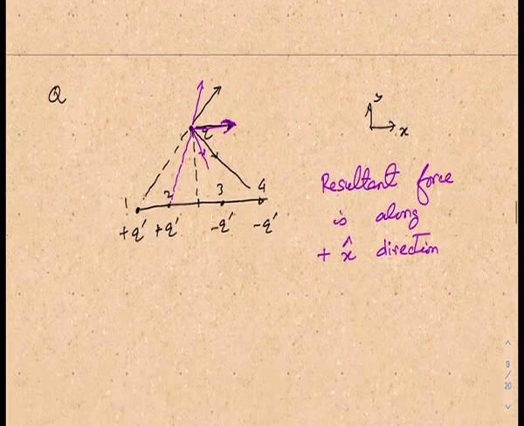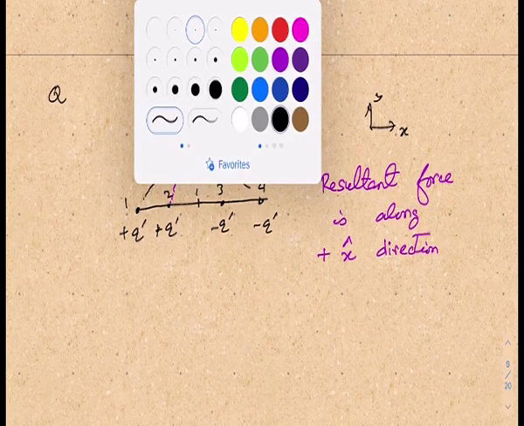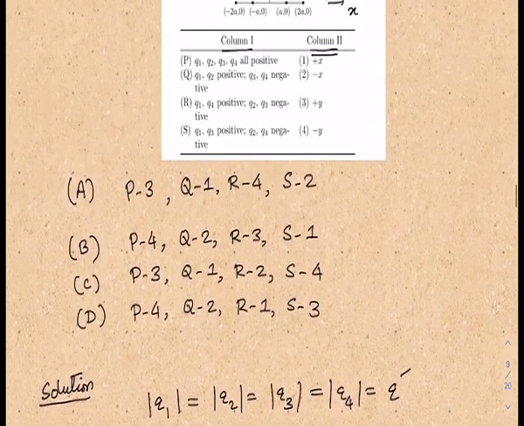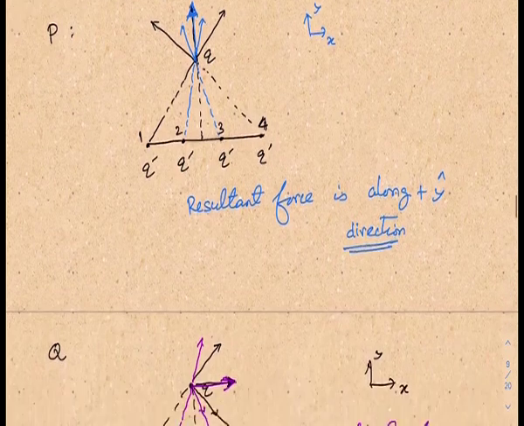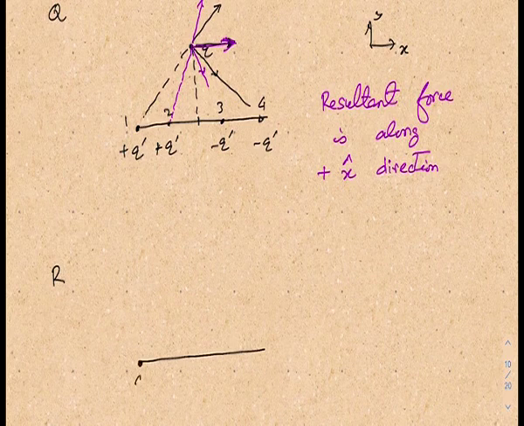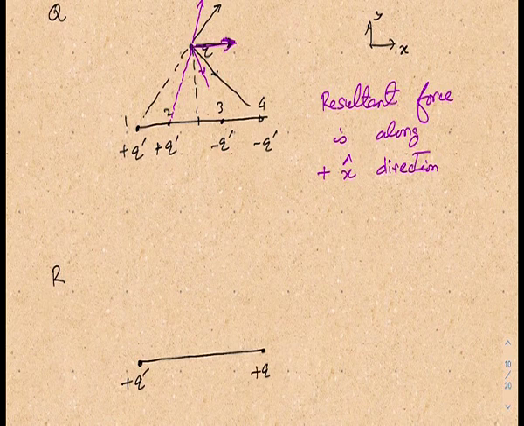Fine. Then come to case R. q1, q4 positive, q2, q3 negative.